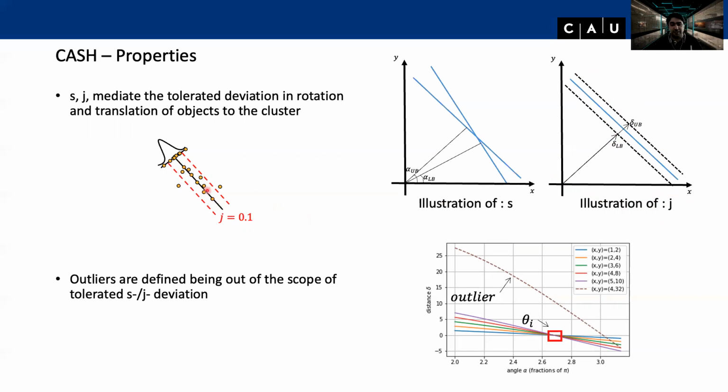So it's like a bound around that specific line that we have detected here. So the larger the jitter J, the more deviation is permitted, and the smaller the parameter S, the less deviation is permitted, because S is the number of bisections that we had.